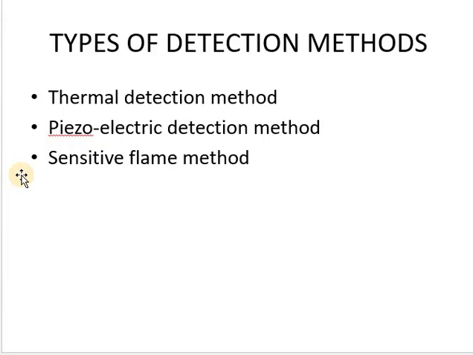In this way, we can identify the nodes and antinodes as well as the presence of the ultrasonic wave. If the frequency of the ultrasonic wave is known, the velocity of the ultrasonic wave propagated through the medium can also be calculated. So these are the three detection methods.